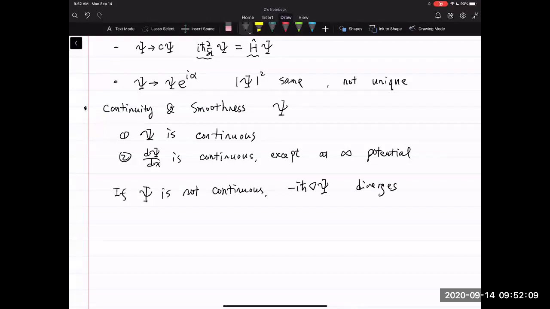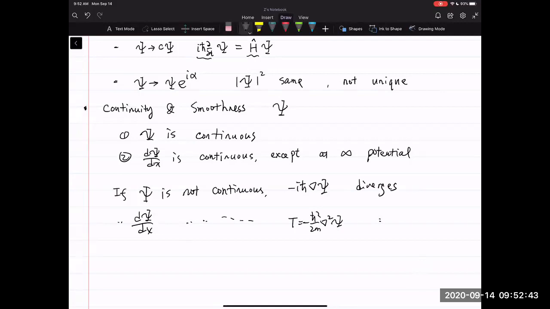The same thing applies for the second condition. If d psi/dx, the space derivative of the wave function, is not continuous, then the kinetic energy, p squared over 2m, which is h bar squared over 2m del squared psi, would diverge. So we get infinite energy. This is not allowed unless the energy itself is already infinite.